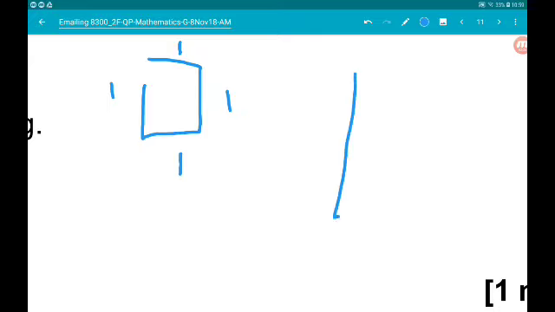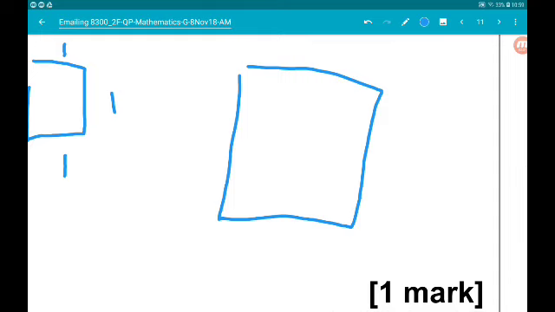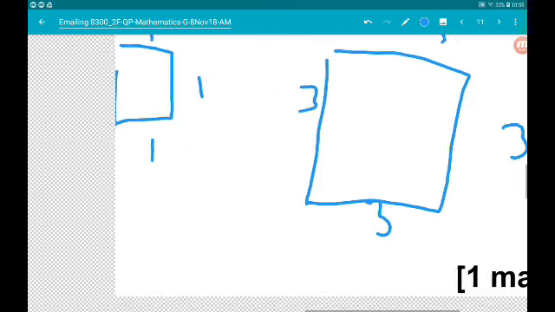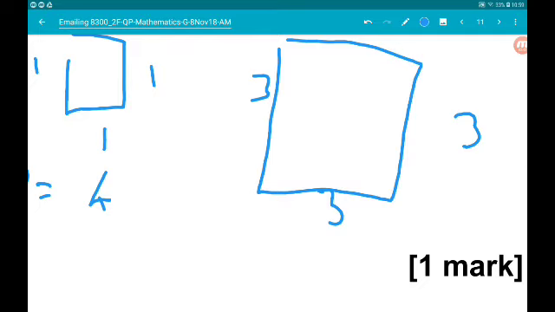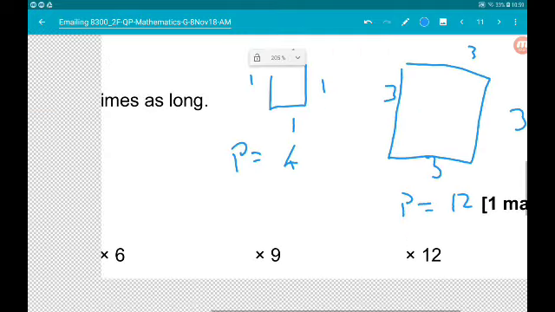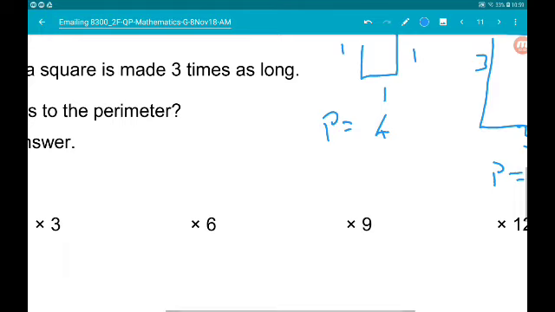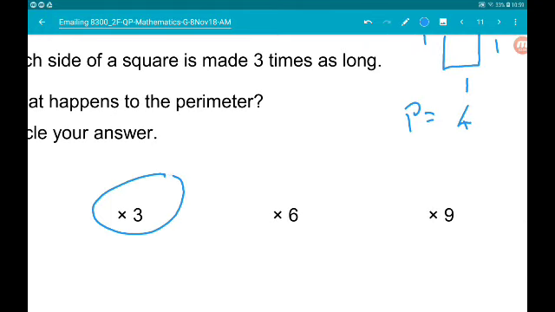Now, if each side is made 3 times as long, the sides are now 3. So the perimeter has gone from being 4 to 4 lots of 3, which is 12. So the perimeter has got 3 times as long. So it's times by 3.